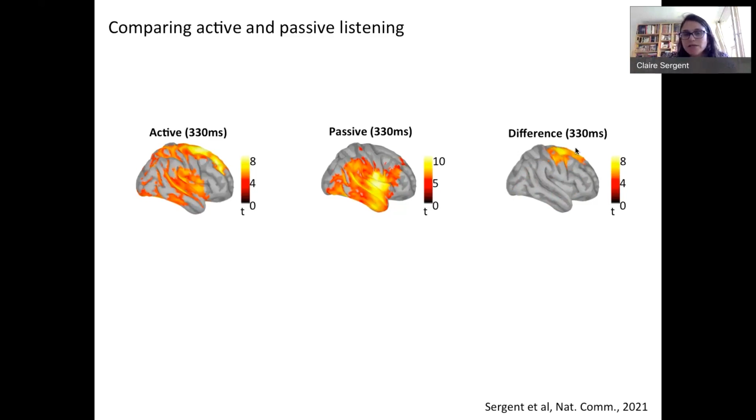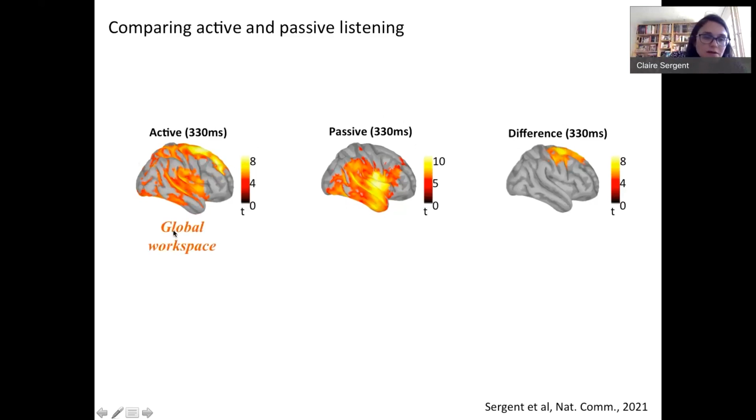So it seems to suggest that what's occurring during the late time window in passive listening is something like the active session, but without the executive system.